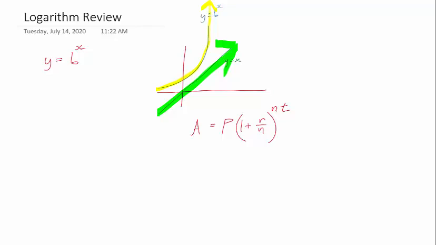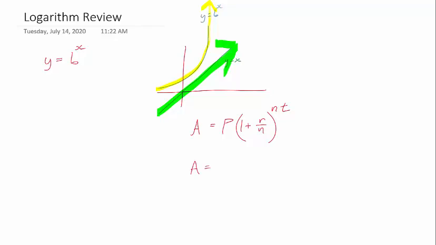So what is n? n is the number of compounds. What is t? t is the number of years. But let's break this down just a little bit. The amount that's owed as time progresses is changing, right? It's increasing.